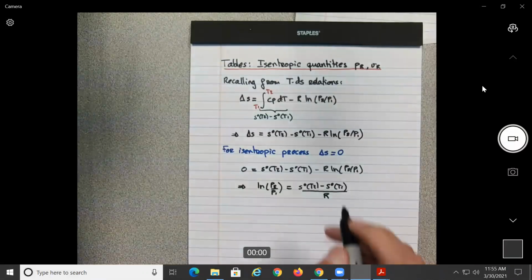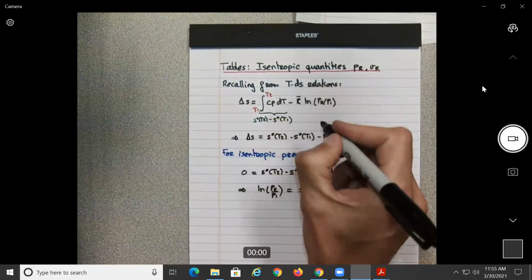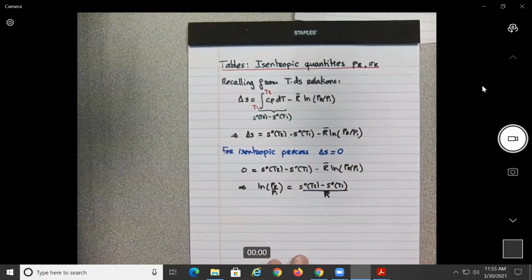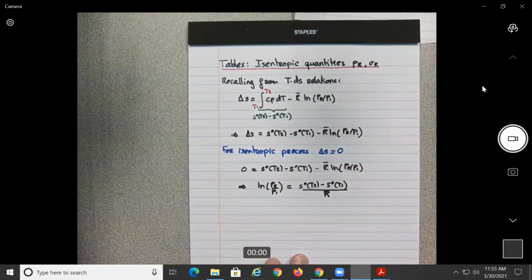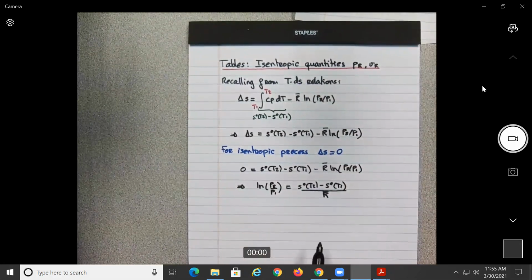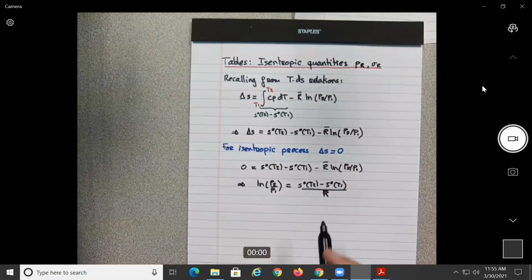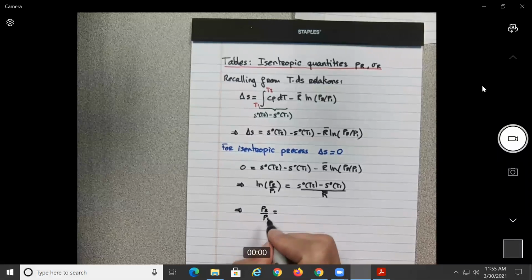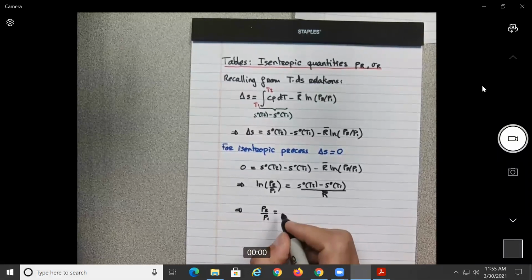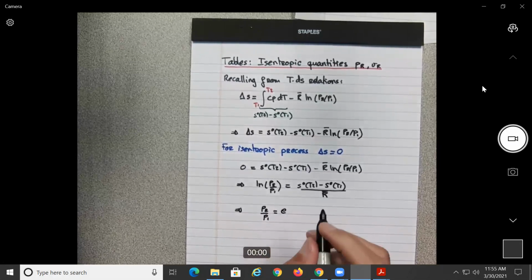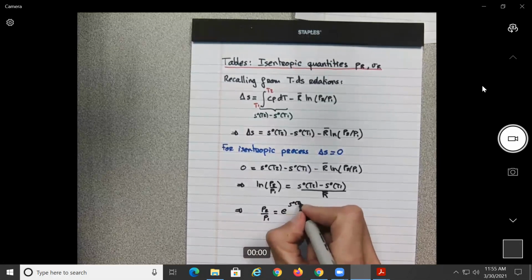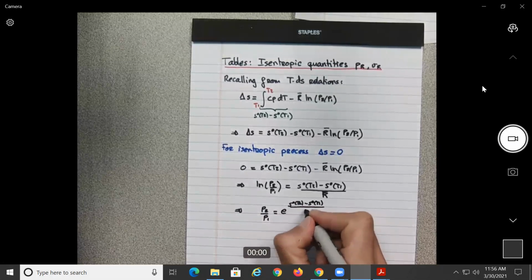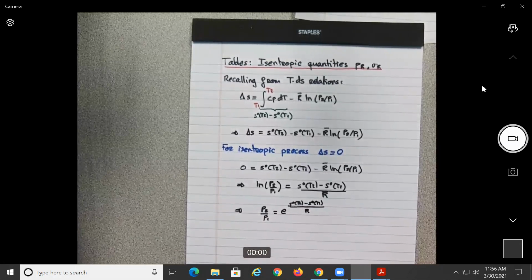In all these ones here, just add the bar on top of the R. Now you probably see where we get here. If we find the ratio, P2 over P1 should be equal to the exponential function of S upper naught T2 minus S upper naught T1 divided by R.